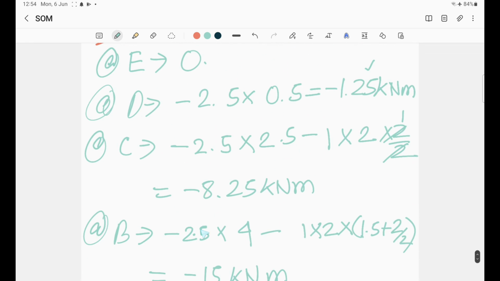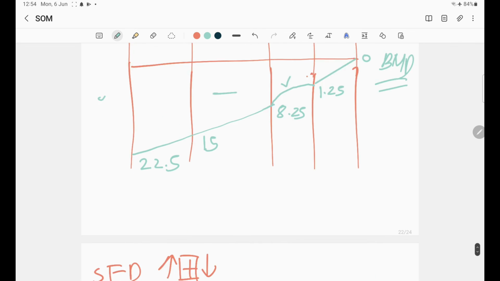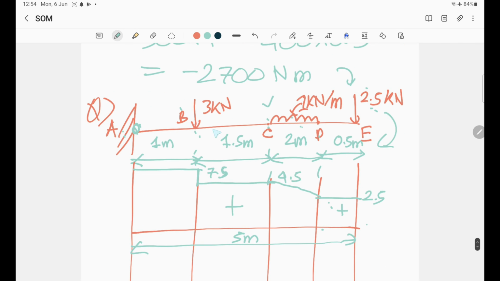So moving on to the next, bending moment at B. Let's find out for the point load first. This is B, so it will be 0.5, 2, that is 2.5, and 3, 4. So the total distance from E to B is 4 meters. So minus 2.5 into 4 is the first one, and the second one is the UDL. So let's solve the UDL also.